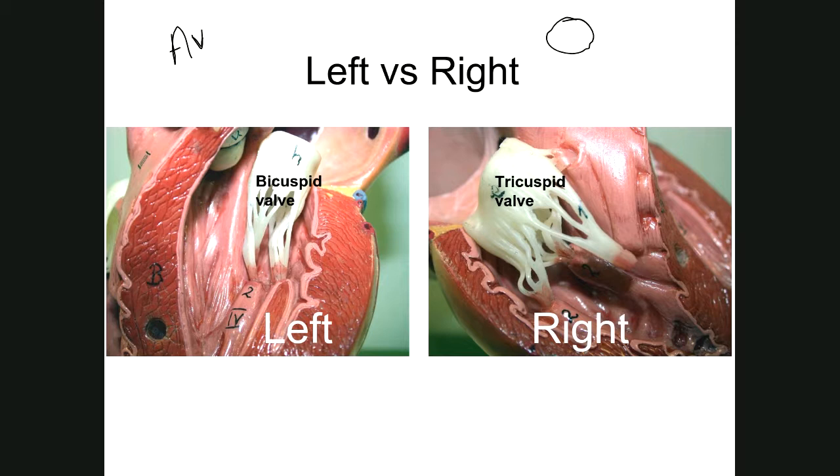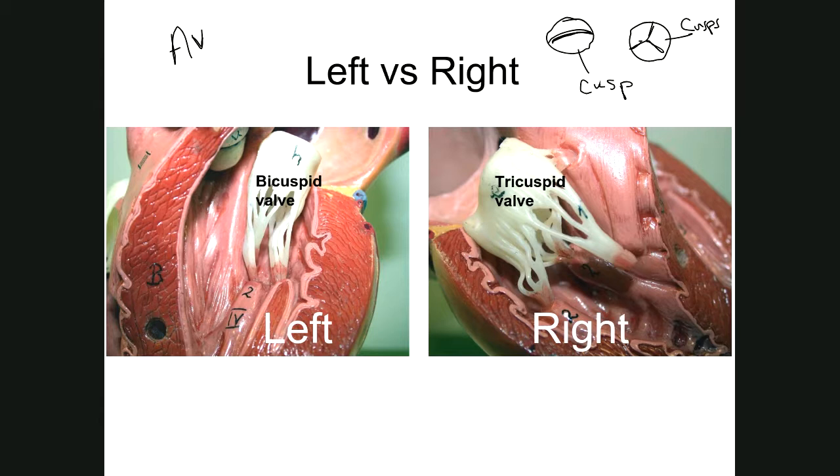And the other one, if you look at it from the top, looks like this. And look, they have little cups. And the word for cup is cusp. It's a hard word to say. But anyway, if we count how many cusps they have, it's different.